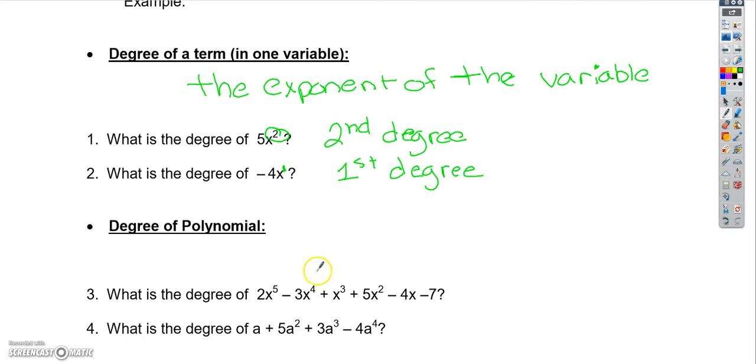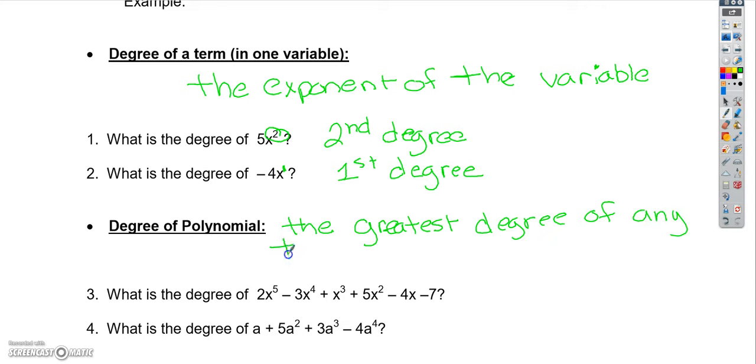The degree of a polynomial is the greatest or largest degree of any term of the polynomial.